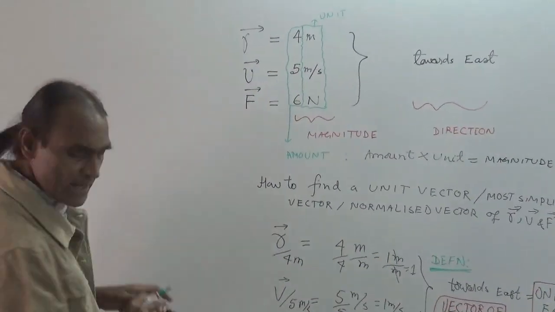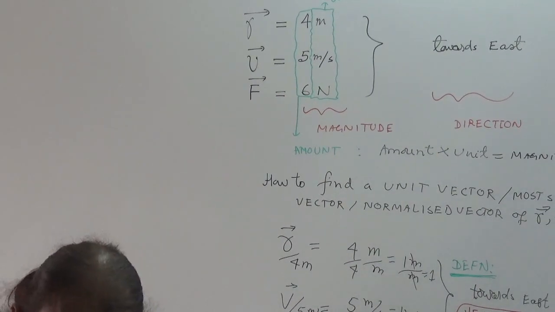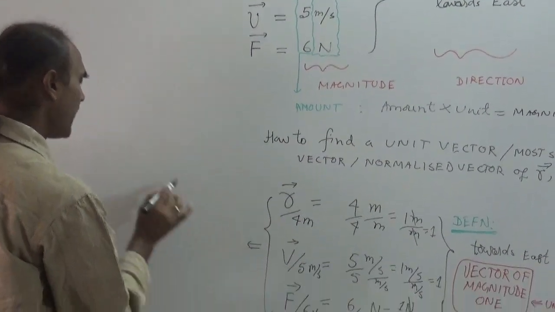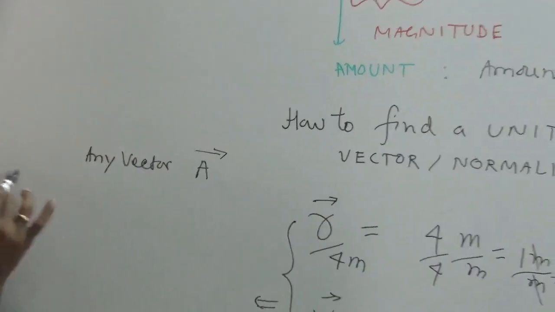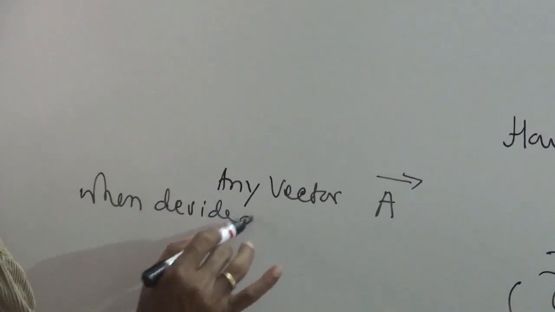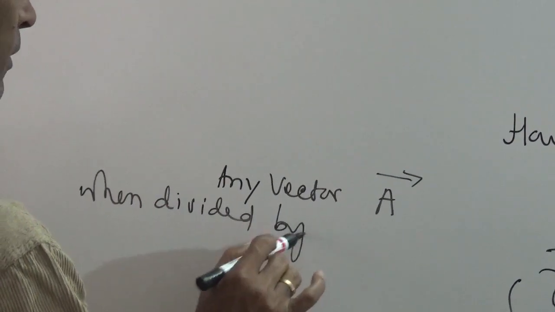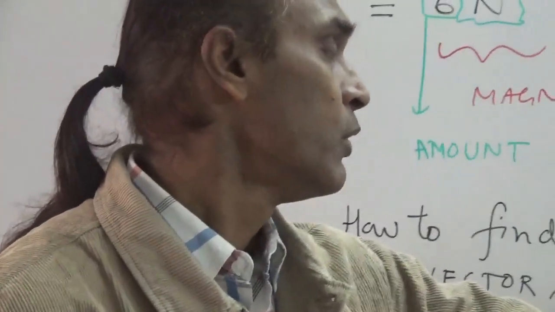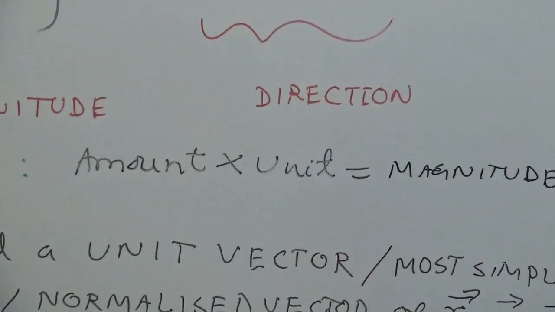So if any vector, say vector A, is divided by its magnitude, what is magnitude? You should not mistake it as only the amount. Magnitude is amount times unit.